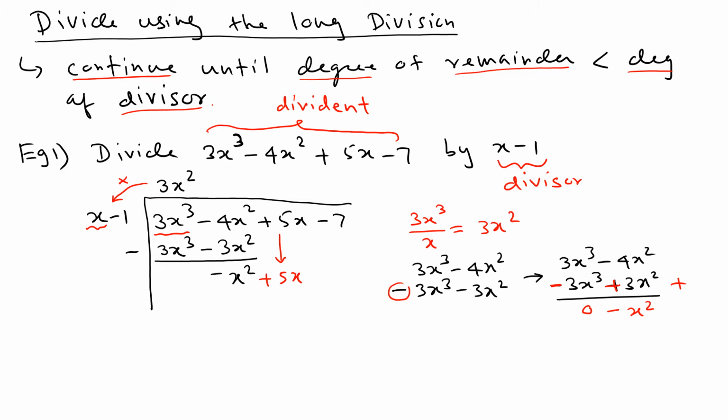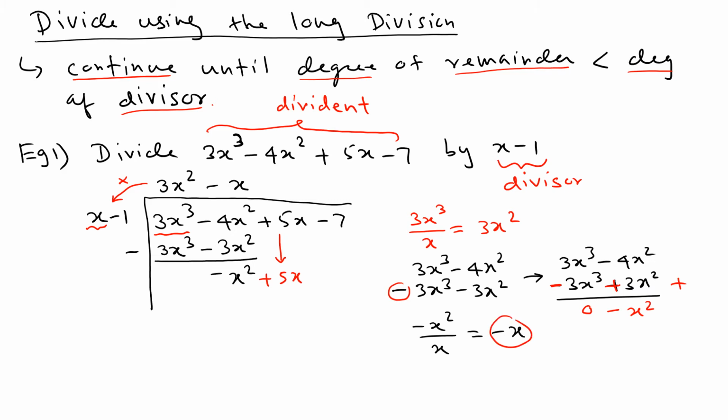Look at just the leading term of this new expression and the leading term of the divisor, and you can see that what is missing is negative x. We can divide negative x squared by x, just the leading terms, and you get negative x. So that's exactly what goes there.